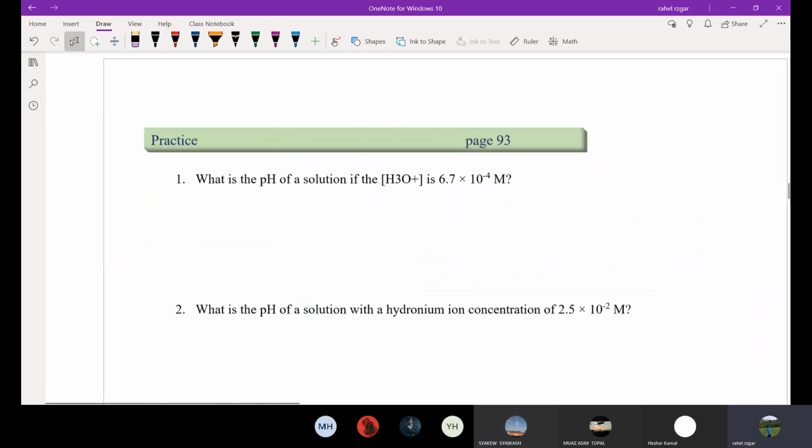These are actually the same thing. Nothing is changed, only instead of a normal number, otherwise nothing is changed. So it says find pH of 6.7 times 10 to the power negative 4. So pH is minus log, and this is directly given.